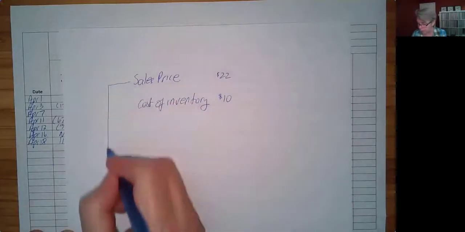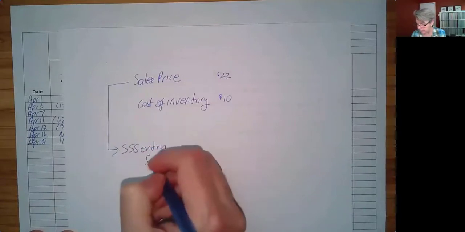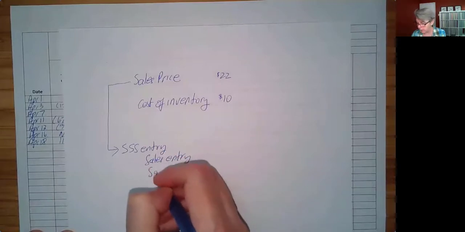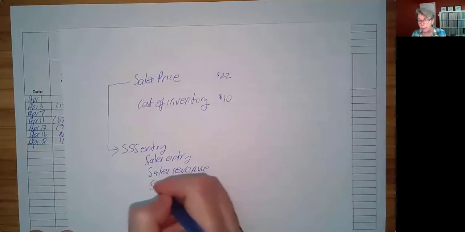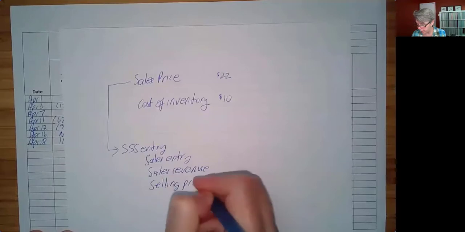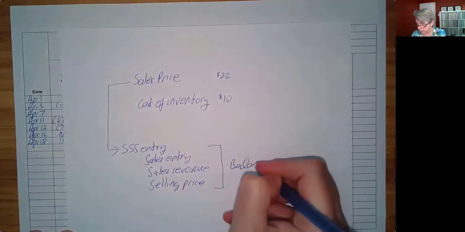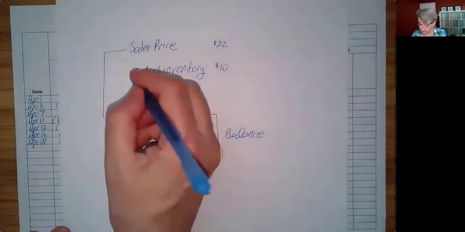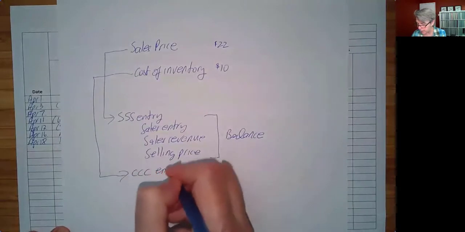We have to do an SSS entry. This is a sales entry to sales revenue for the selling price. That entry has to balance. Then what do we do next? Well, we also have to do what's called a CCC entry.